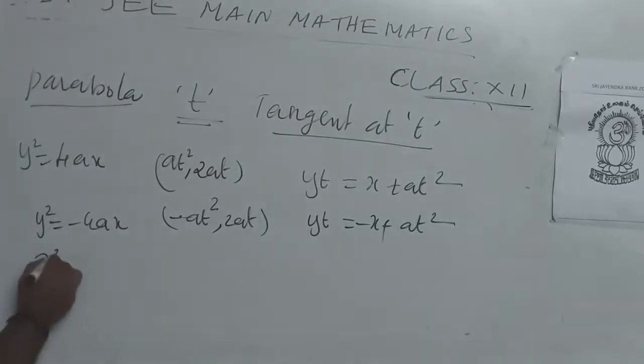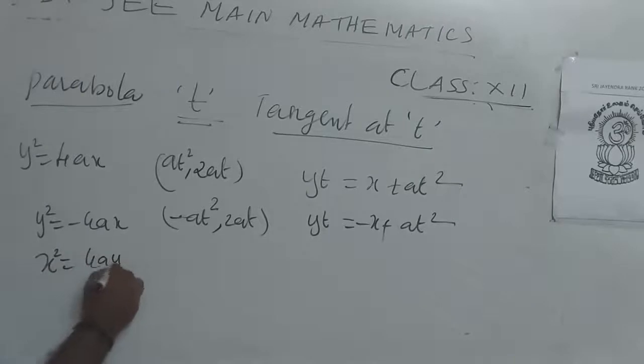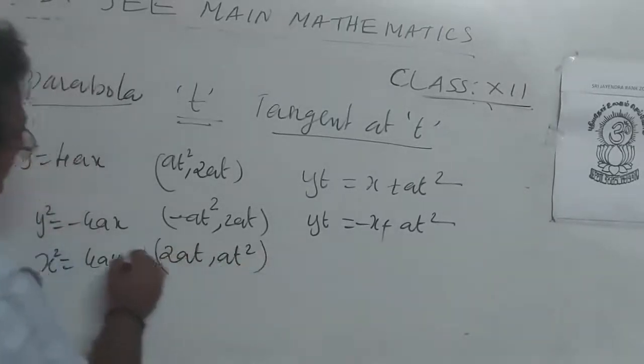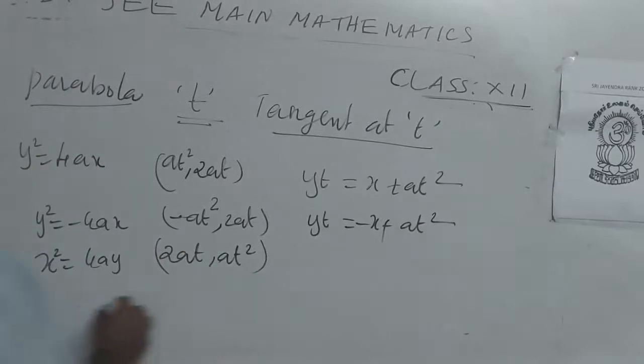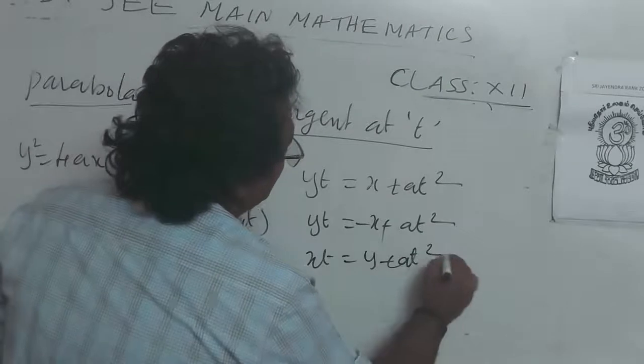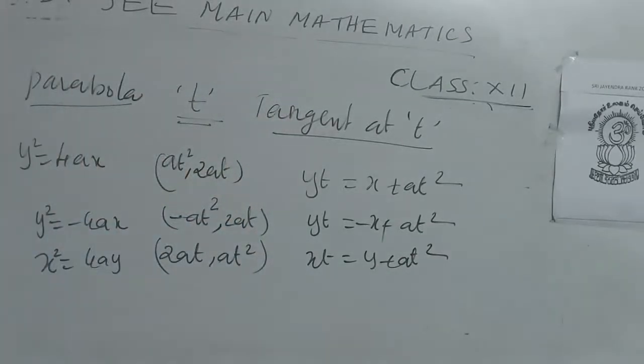For x squared equal to 4ay, the point is 2at comma a t squared, so xt equal to y plus a t squared.